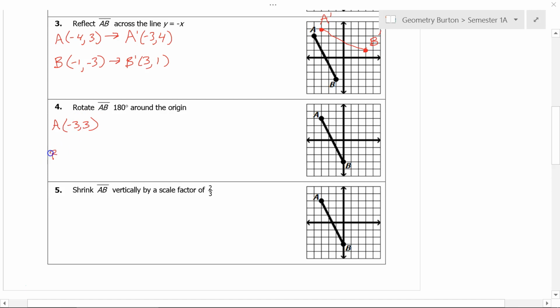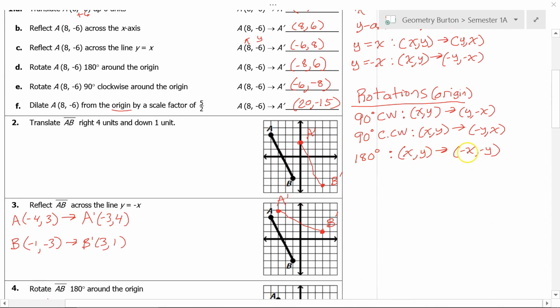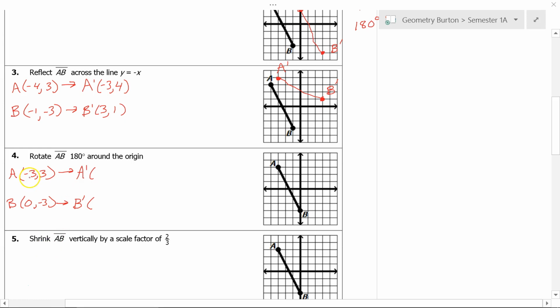And point B is 0 comma negative 3. 180 degrees around the origin, that's just opposite of x, opposite of y. So opposite of x, opposite of y. So that'll just be positive 3, negative 3. Opposite of 0 is still 0, but the negative 3 will become a positive 3.